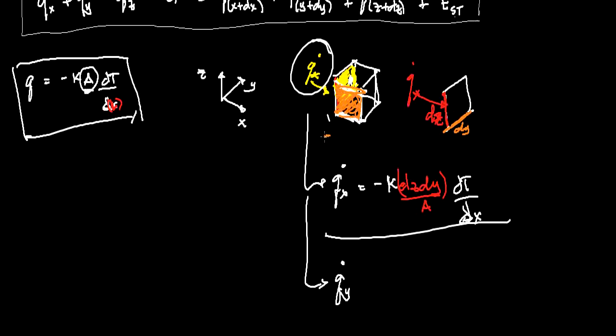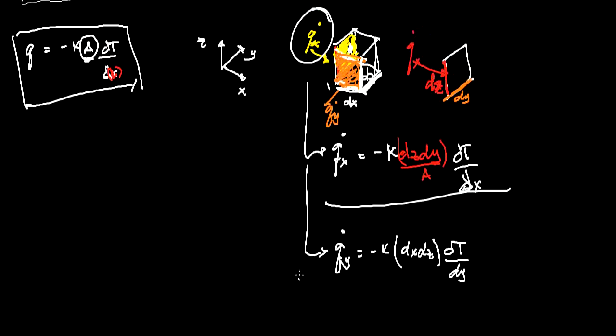So Q in is the negative K, and then our A is dx multiplied by dz. So we have dx dz, then our delta T or dT, and our length is this part here, the dy.